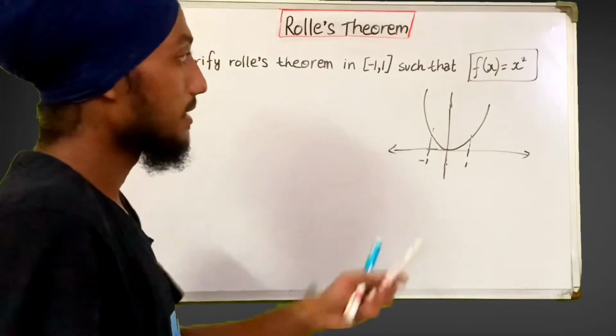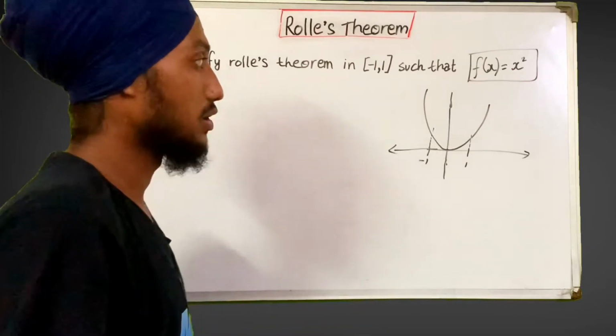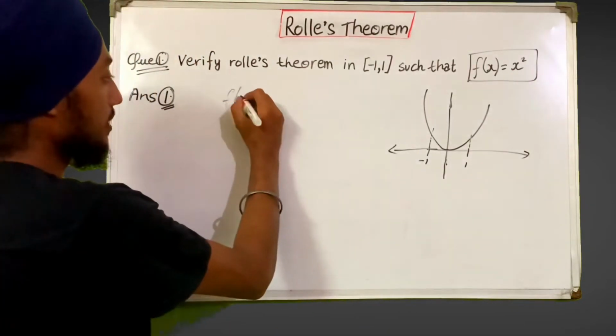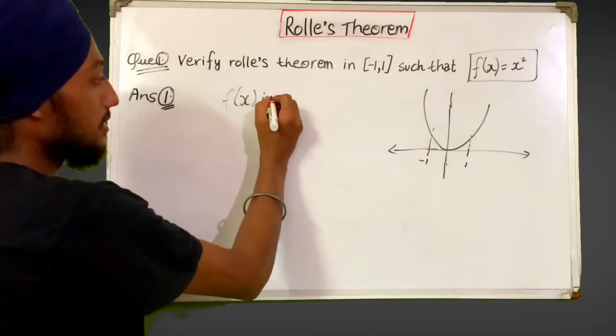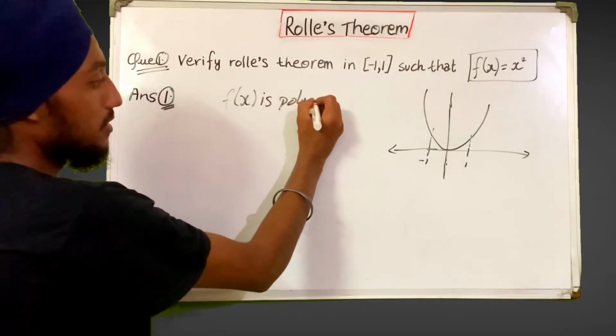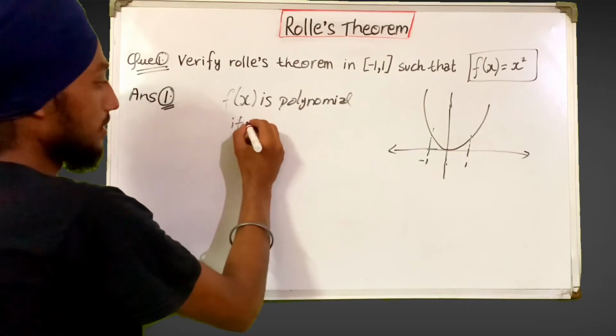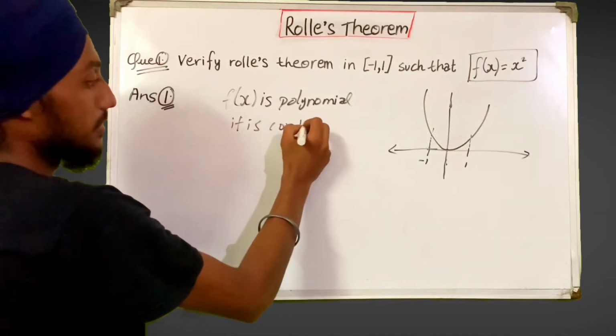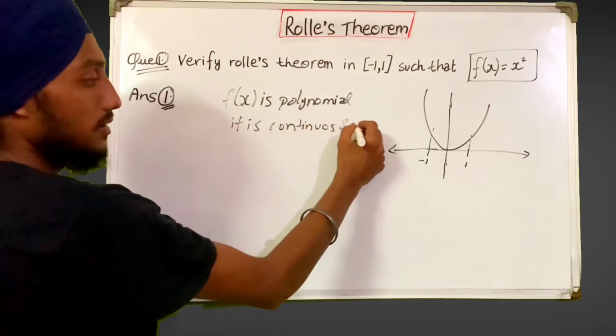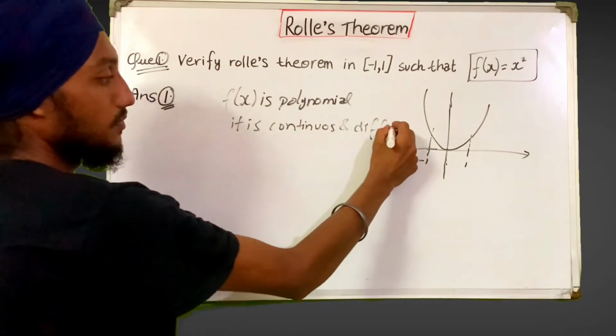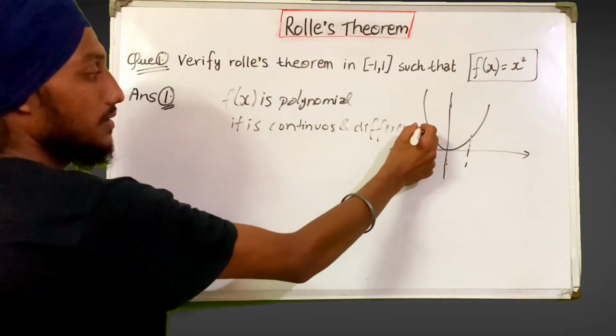It is continuous because it is a polynomial. If f(x) is a polynomial, it must be continuous and differentiable. It is continuous and differentiable at any point. So the first two conditions are satisfied.